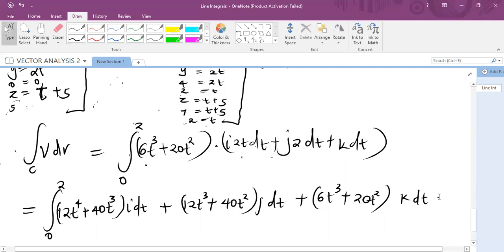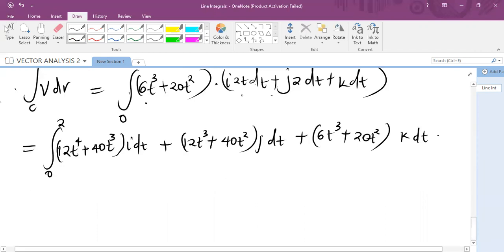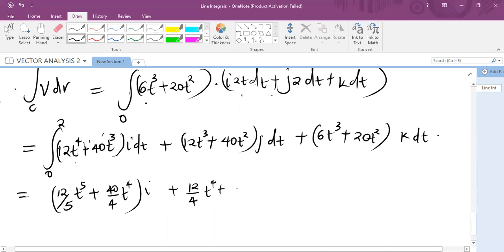So integrating this, we are going to have 12 over 5, t to the power 5, plus 40 over 4, t to the power 4, and all these are values of i. Plus, integrating the next one, 12 over 4, t to the power 4, plus 40 over 3, t to the power 3.